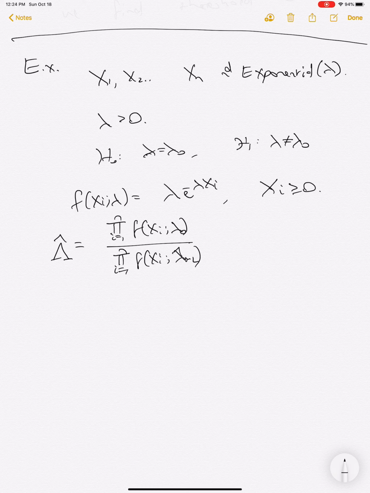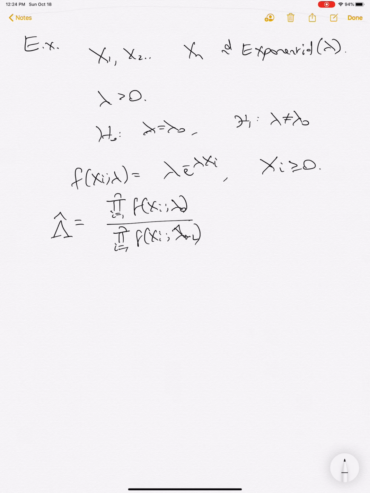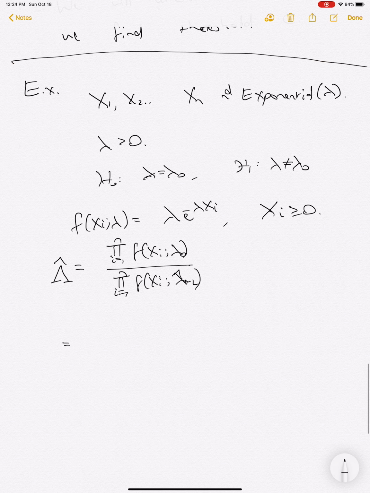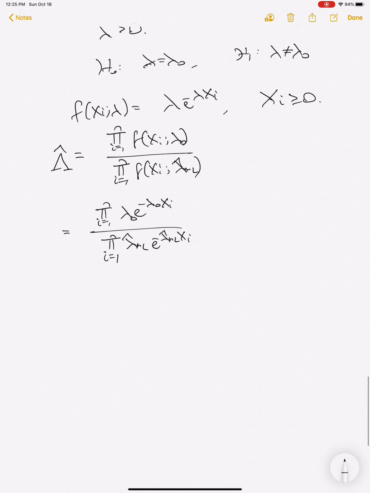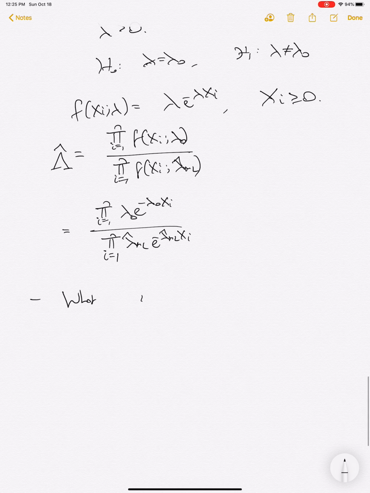So the lambda hat we have here, the statistic, is the ratio of these two likelihoods evaluated at different points. This is what the ratio looks like, and then the question again is, what is lambda hat ml?